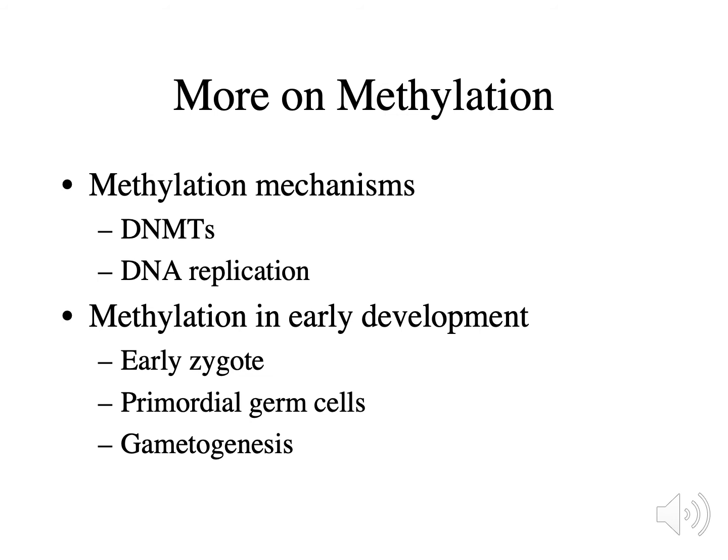In the absence of any further DNA methylation, you would end up with hemimethylated DNA following DNA replication. That means that one of the strands would be unmethylated, and one would be methylated. So it's important that we maintain the original DNA methylation pattern.